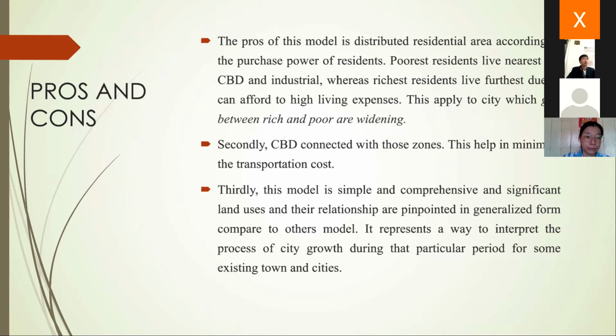For this model, the pros are that the poorest residents live nearest to the CBD and industry, whereas rich residents live farthest because they can afford the high living expenses. This applies to cities where the gap between rich and poor is widening.